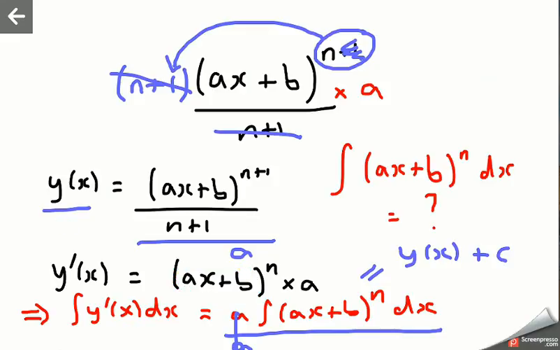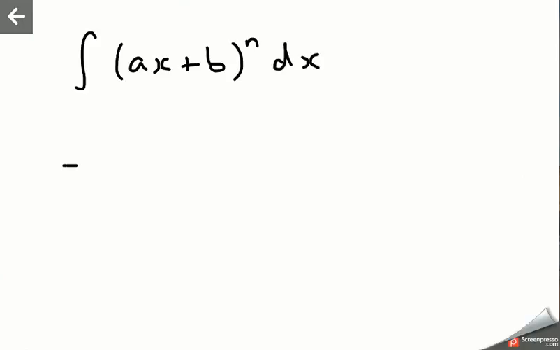So what we just derived was the following, and we'll call this the reverse chain rule. The antiderivative of (ax + b)^n with respect to x, you can pretty much just treat it like x^n, except you have to divide by a at the end.